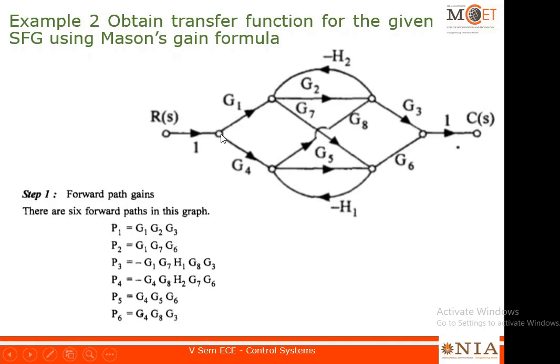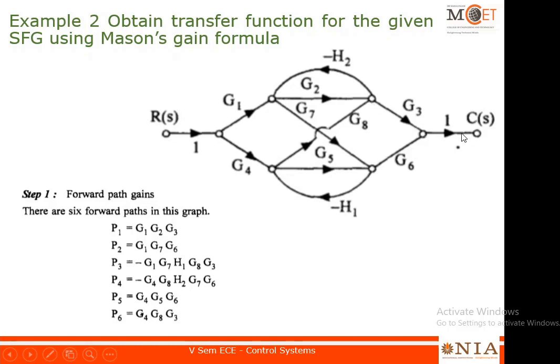See here, I will go through the paths now. G1, G2, G3. This is one forward path. G1, G7, G6, 1. So this is another forward path. G1, G7, come back like this, minus H1, G8, G3, 1.